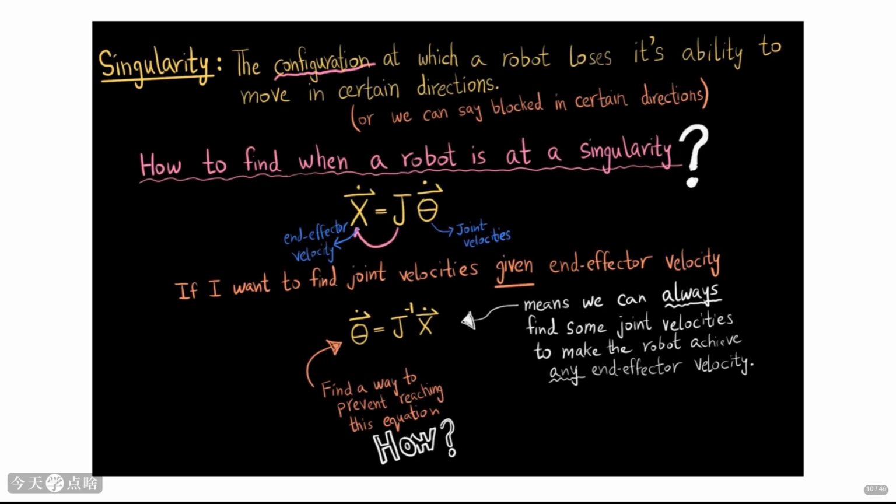But if J is singular, J inverse doesn't exist. So, the robot can't achieve every possible end effector velocity. It's blocked in certain directions. How do we find these problematic configurations? We look for when the determinant of the Jacobian matrix is 0.